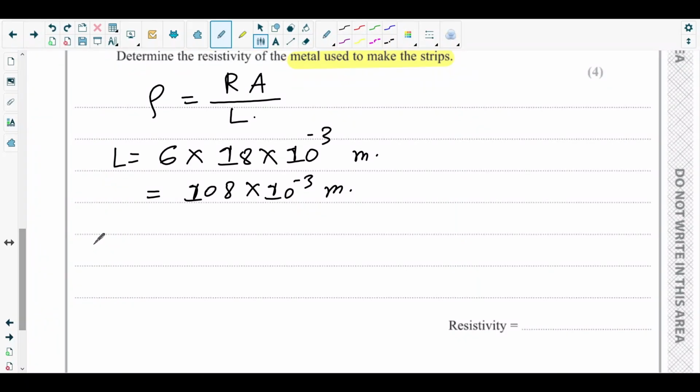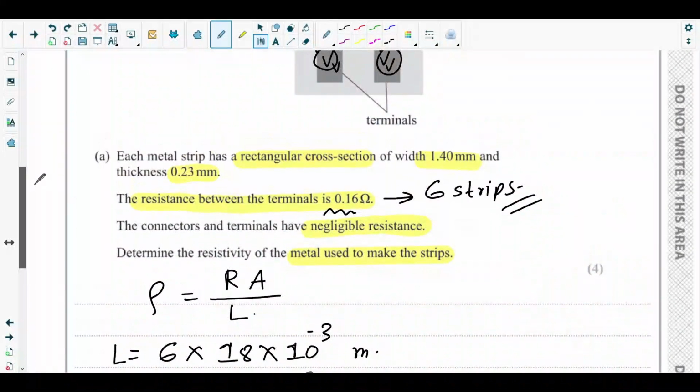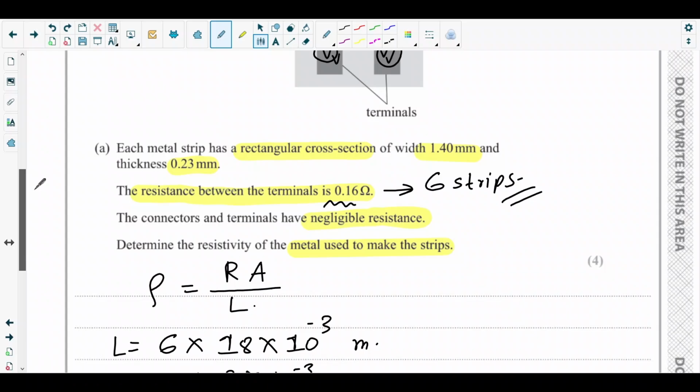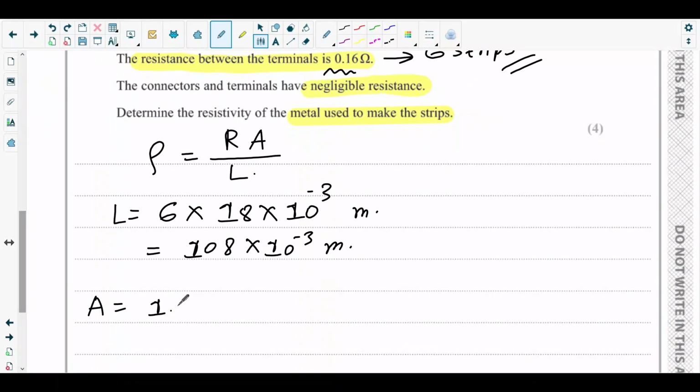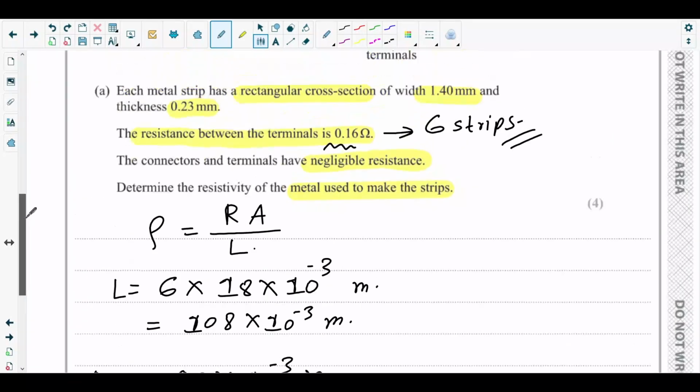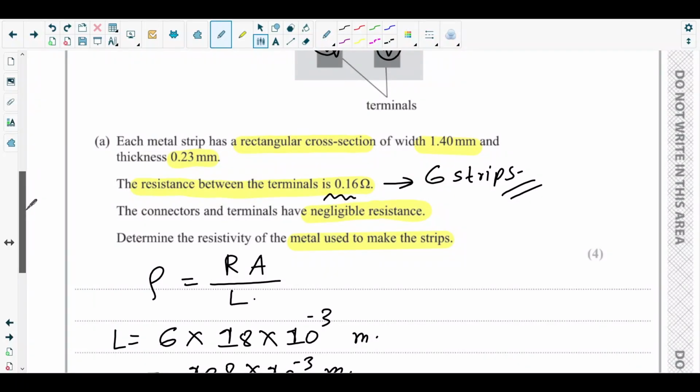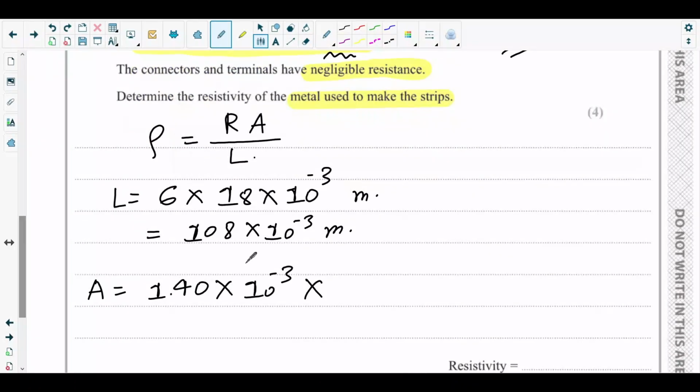Now the area of cross section of the metal strips. The question says they have rectangular cross section, so the area is width times thickness. So 1.40 times 10 to the power minus 3 meter, times the thickness, 0.23 times 10 to the power minus 3 meter.